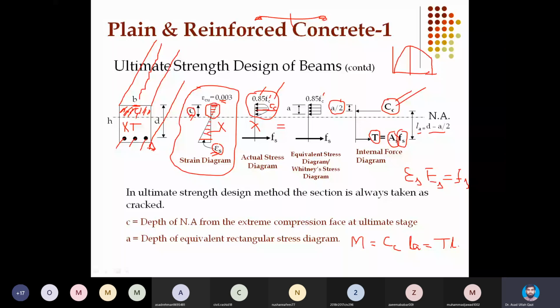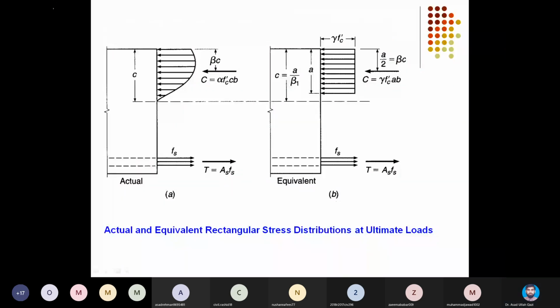Now the question is, can I prove that Cc from this picture and this equivalent picture are both equal, as well as their points of application, a/2 is equal to beta c, and c, the actual neutral axis depth, is it equal to a over beta 1?